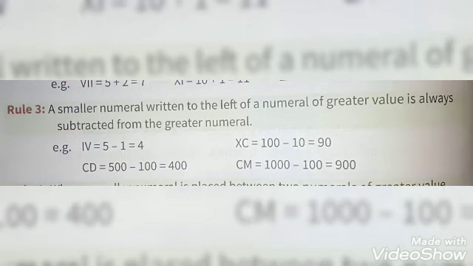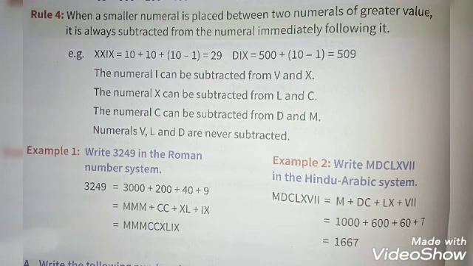So if the question comes, write 400 in Roman numeral. How you will write? You will write CD. Okay. Then XC. Now C is 100 and X is 10. So 100 minus 10, 90.